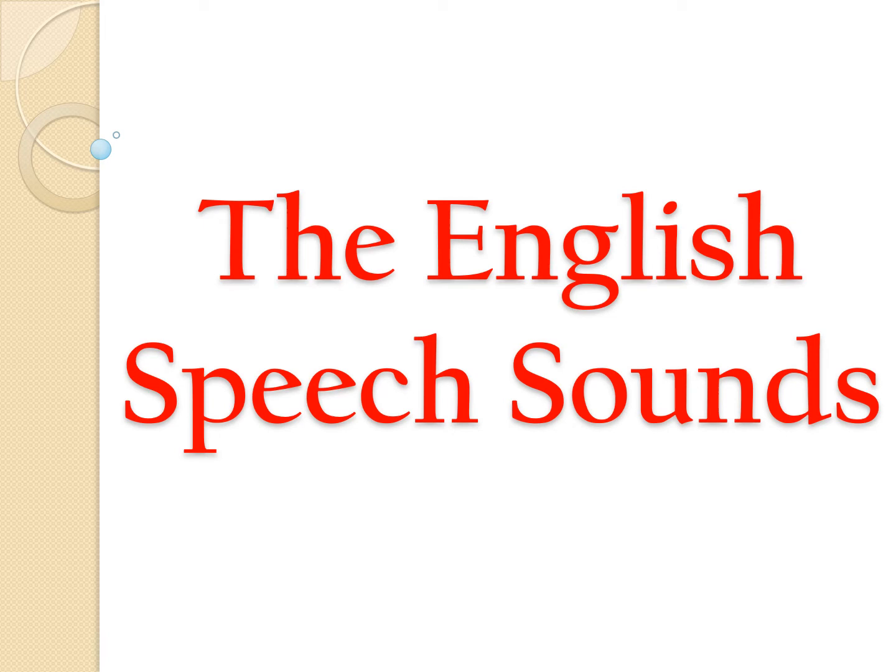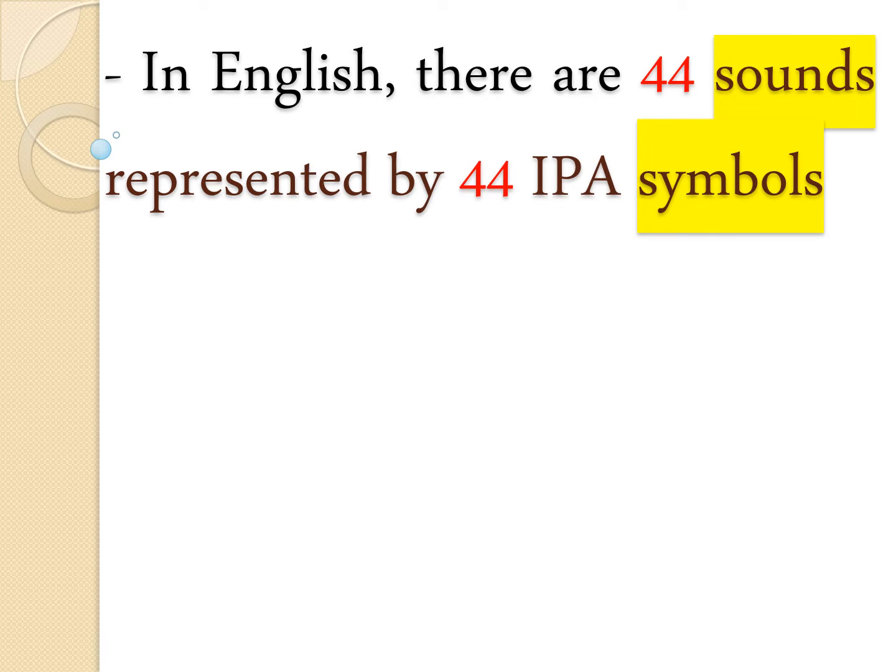Now let us work on the IPA symbols that will be very helpful to us in representing the English speech sounds. In English, there are 44 sounds represented by 44 IPA symbols.